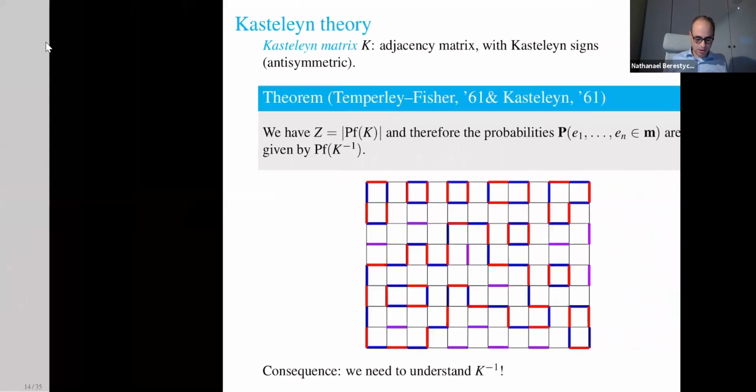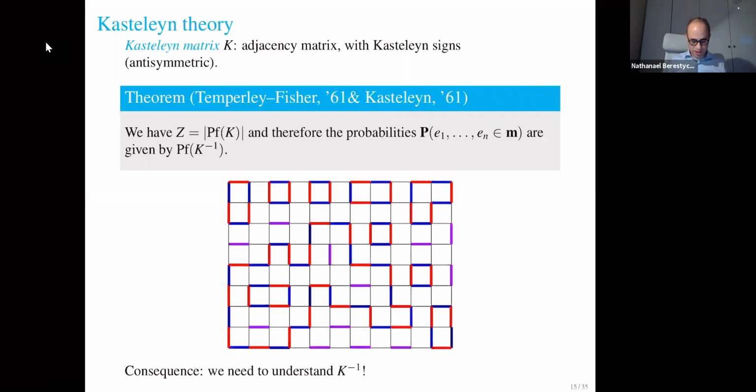Now, the key object is the Kasteleyn matrix. So what is a Kasteleyn matrix? I have a graph. Associated to this graph is an adjacency matrix. And the Kasteleyn matrix is basically the adjacency matrix of this graph, except that I incorporate the signs as well, the signs coming from the Kasteleyn orientation.